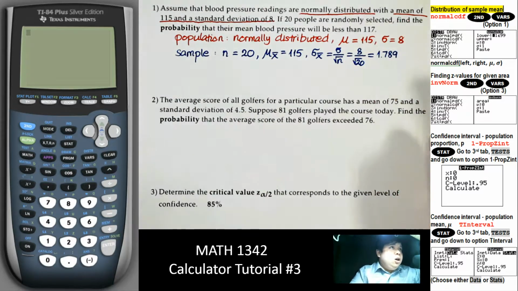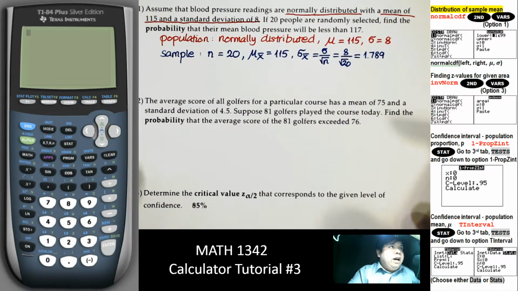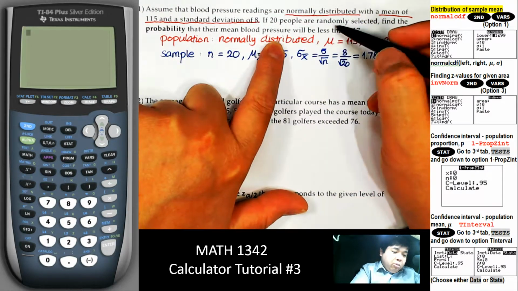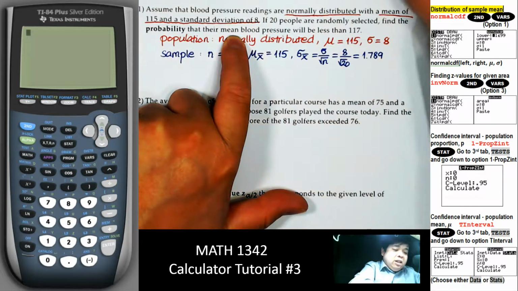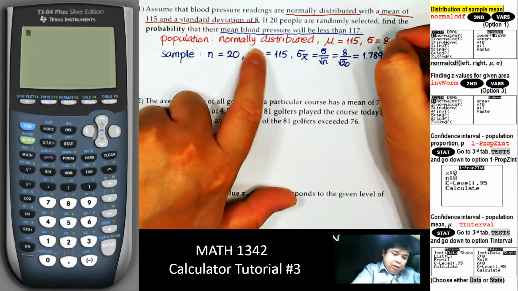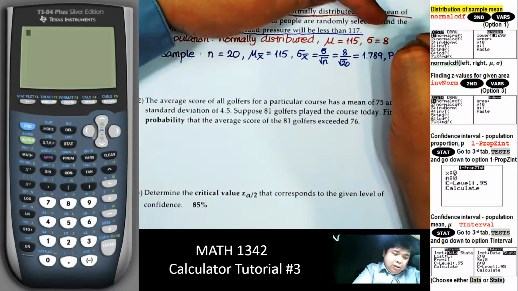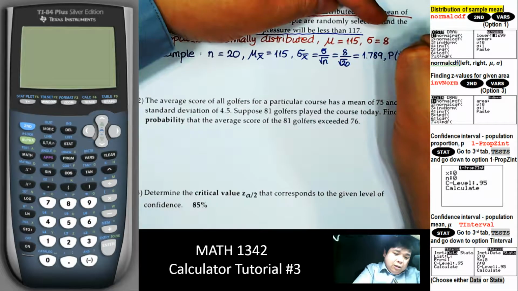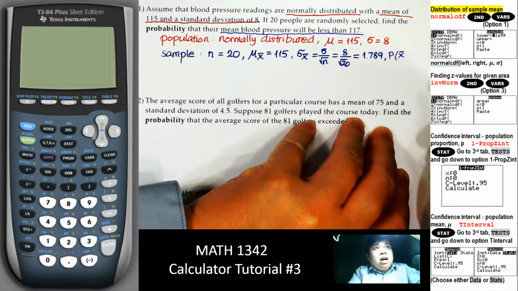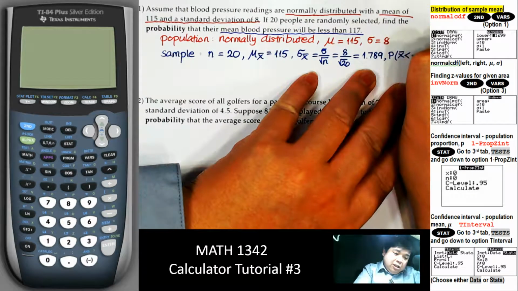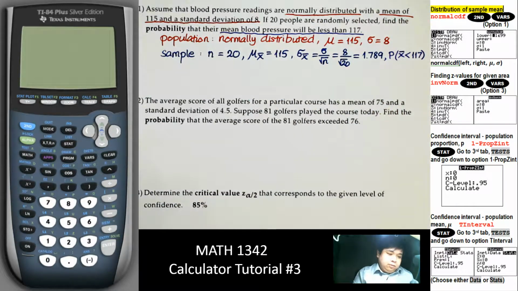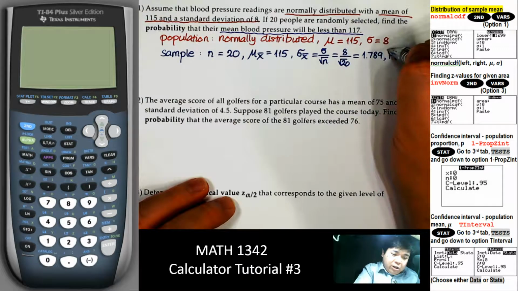So we have that for the sample. And the question asks us to find the probability that the mean is less than 117. So let's just write the probability that the mean is going to be less than 117. And so this is the question.